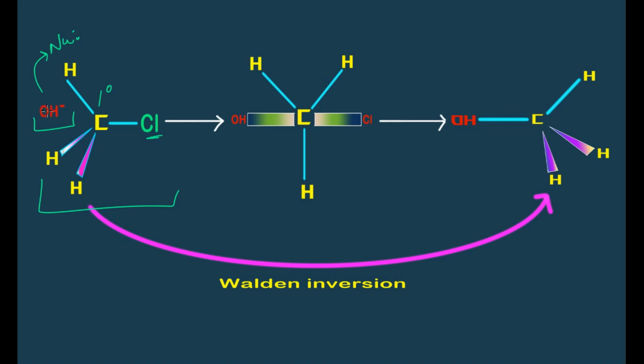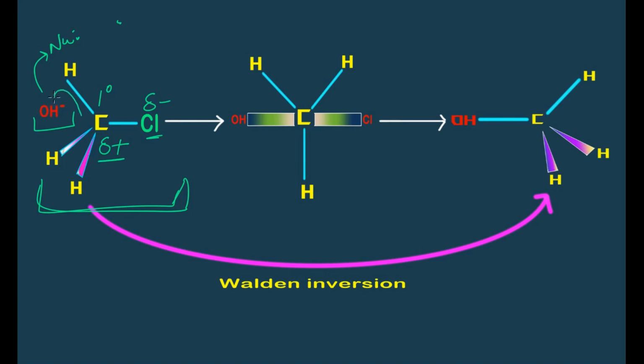Since it is electron rich, it needs an electron deficient species to donate its electrons. Where is that species in this case? Chlorine here is electronegative, so it will attain a small negative charge, and carbon is going to attain a small positive charge. So this is our electron deficient species in this case.